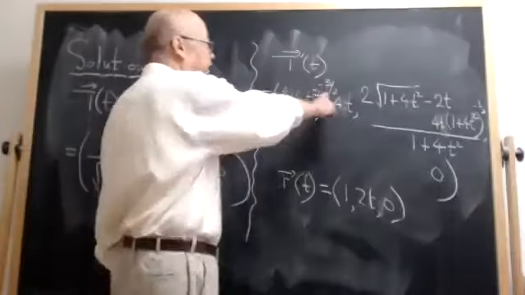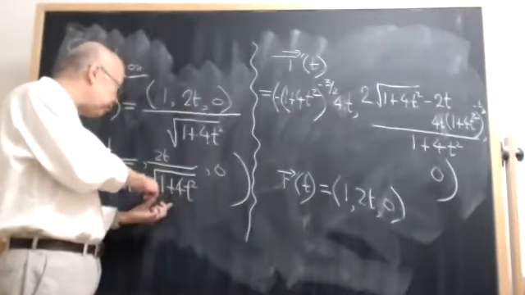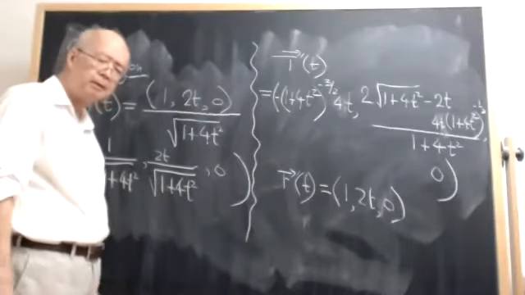I'm talking about both the exponents. It says -1/2. Shouldn't it be -3/2? No, this one is -3/2. What do you get when you differentiate this?